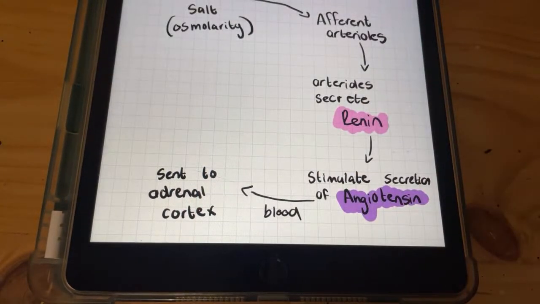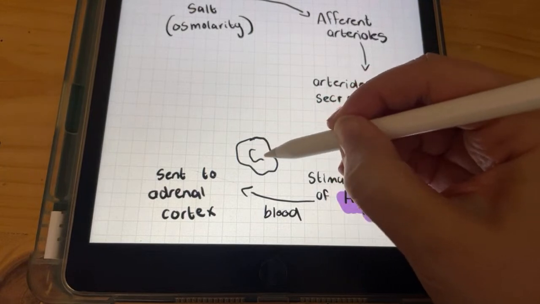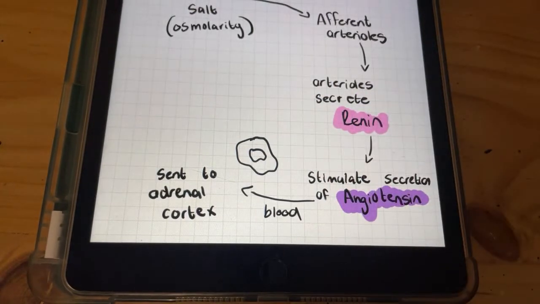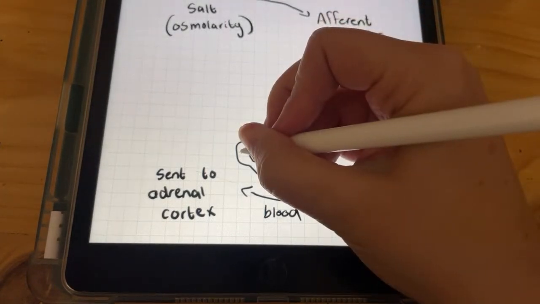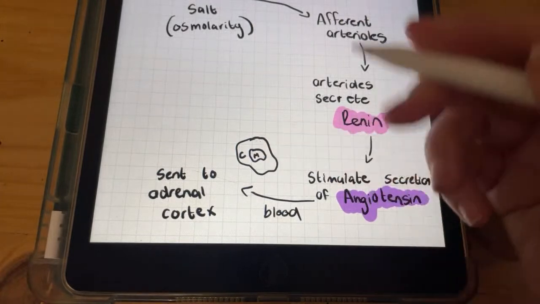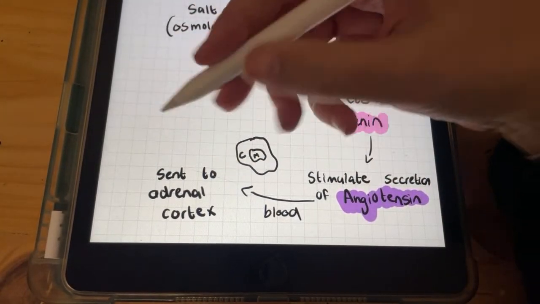If this is the adrenal gland, there are two layers, an inside layer and an outside layer. The cortex is on the outside and the medulla is on the inside. So we're going to the outside part. We send a message, the angiotensin, to the cortex.